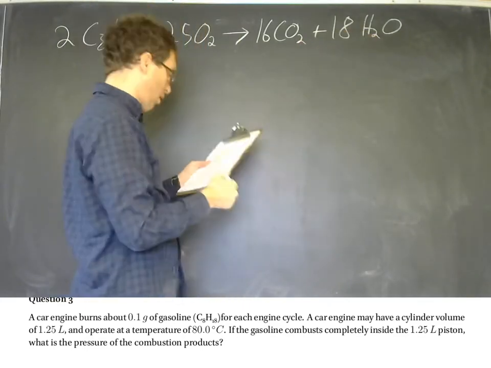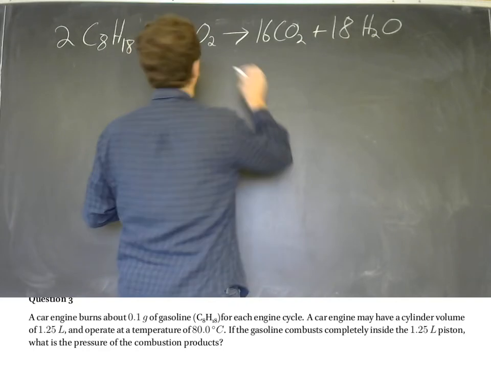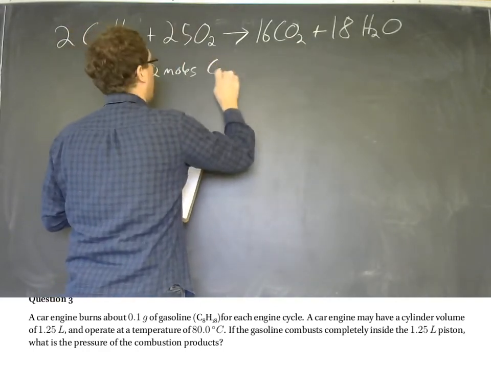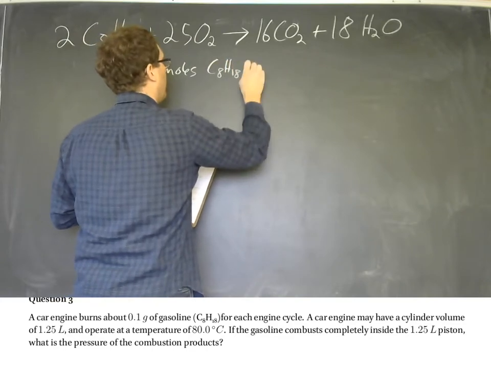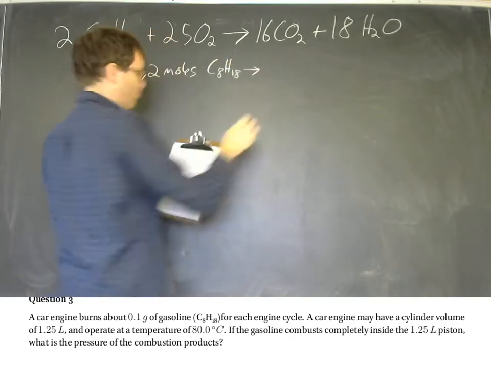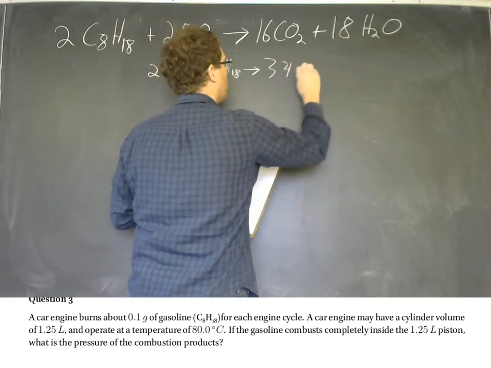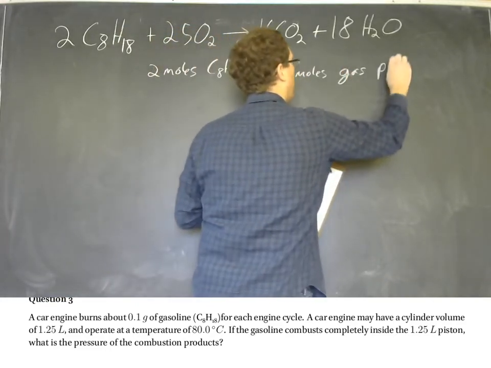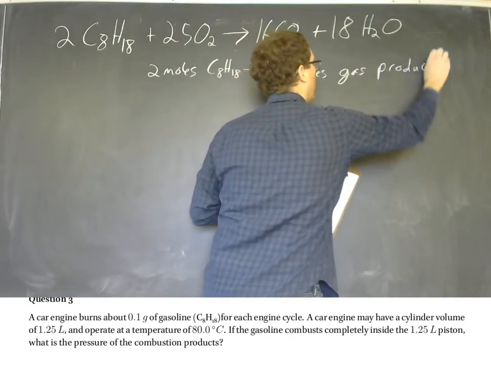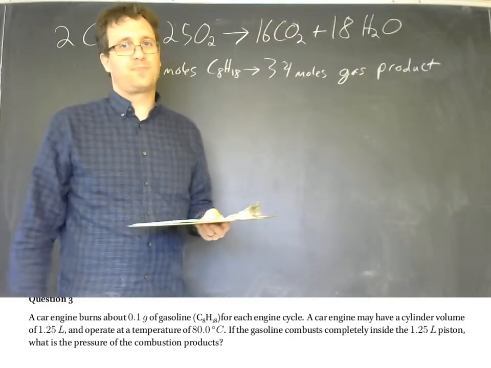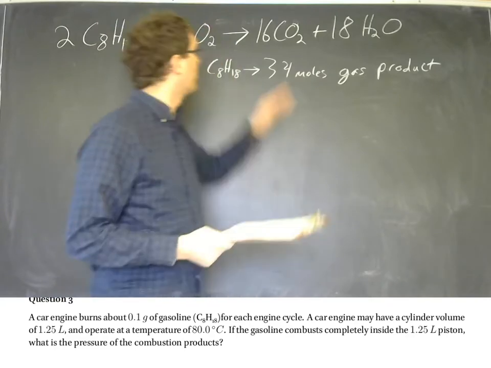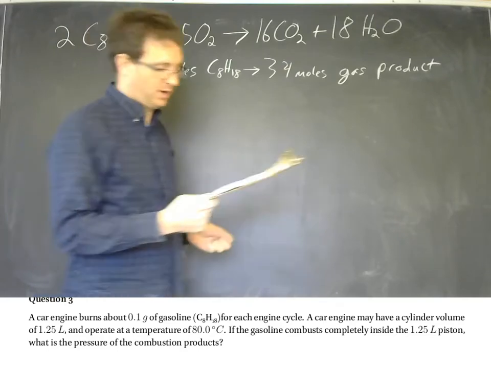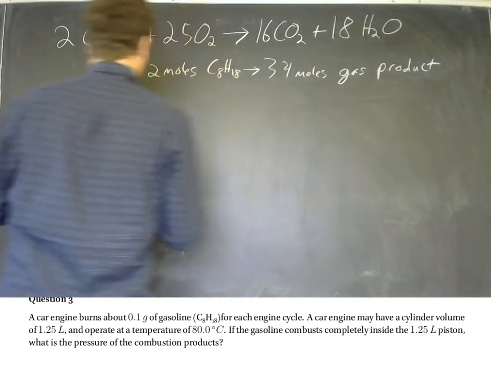So that's a total of 2 moles of C8H18, forming 34 moles of gas product. That's really the ratio that we care about. The carbon dioxide and the water combined form 34 moles of gas product. Well, there's a couple other things we need to know.